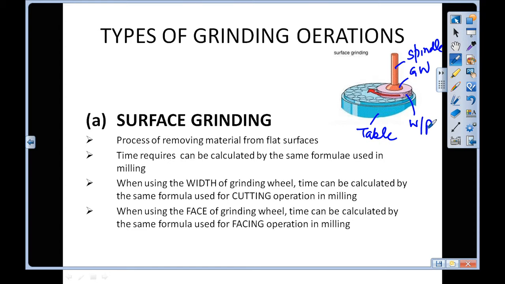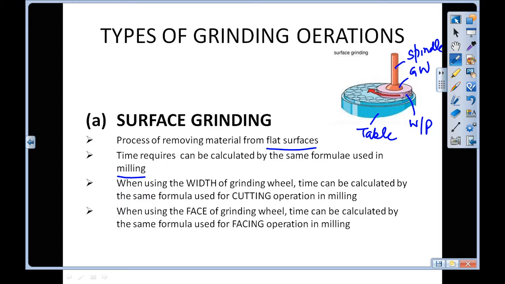The diagram is self-explanatory. This type of surface grinding is used to produce flat surfaces, and it is somewhat similar to a milling operation. So we will use the milling formula for calculating the machining time for grinding.